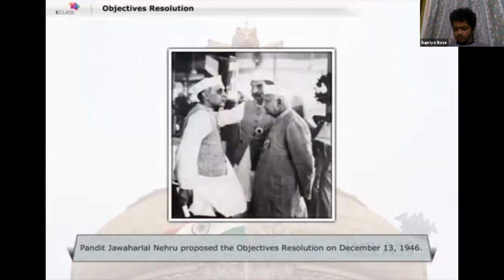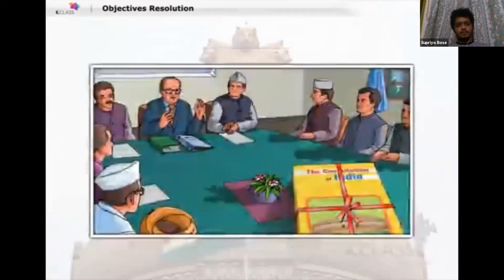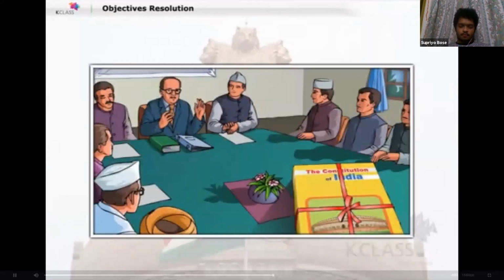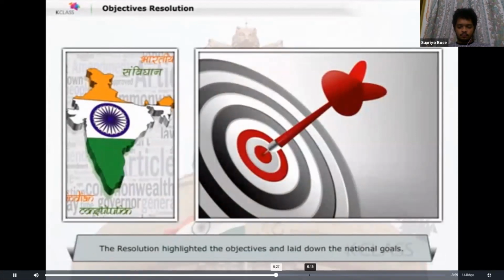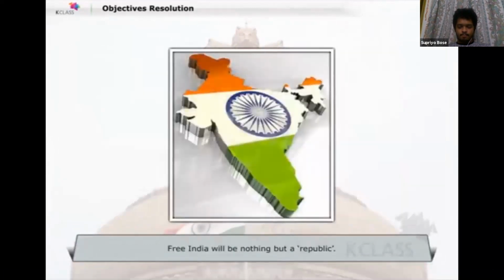Pandit Jawaharlal Nehru proposed the Objectives Resolution on December 13, 1946, when the Constituent Assembly started the work of drafting the Constitution. The resolution highlighted the objectives and laid down the national goals. Free India will be nothing but a republic.